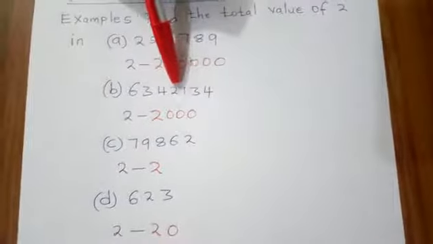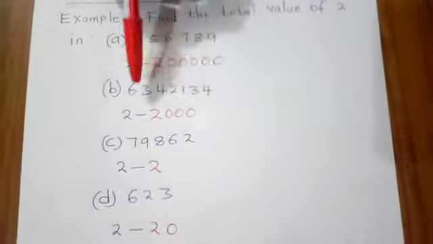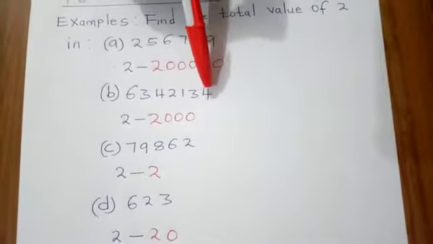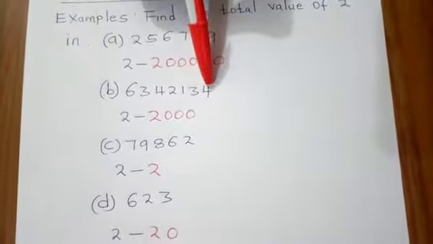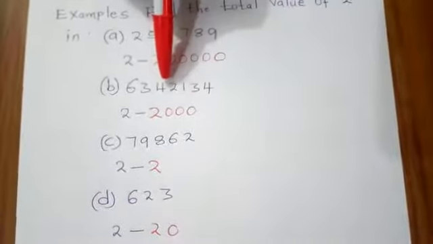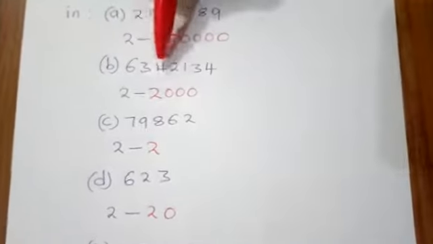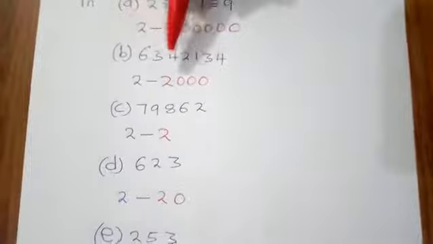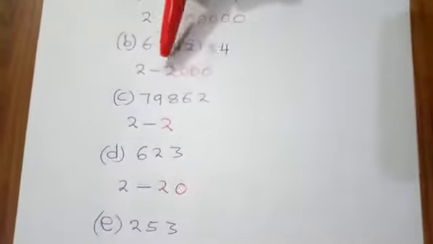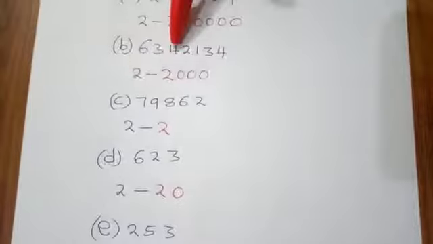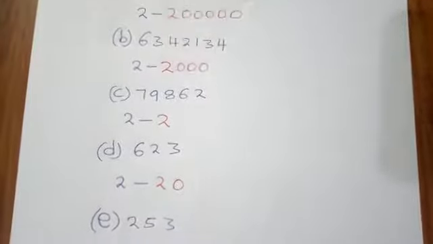Then the numbers that follow after 2, make them zeros. So we are going to write 1, 2, 3 zeros. Don't forget to write the zeros behind, the ones that are after. So the total value of 2 in this number is 2,000.